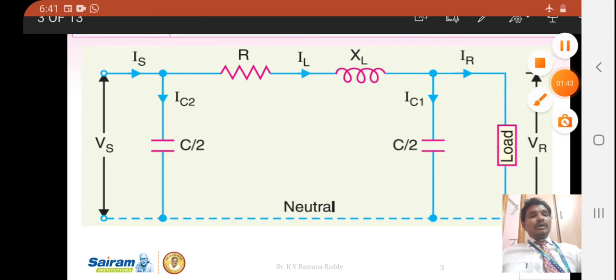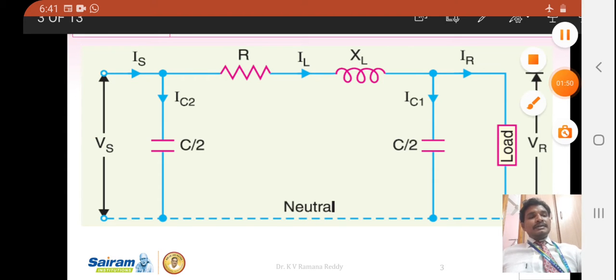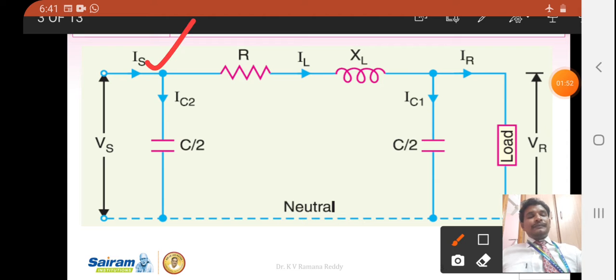Now in this circuit diagram, Vs is called the sending end voltage, and similarly Is is called the sending end current. Then IC2 is the current flowing through one segment of the capacitance, C by 2, which is taken as reference at the sending end side. And IL is the current flowing through the lumped parameters of the medium transmission line for the nominal pi method.